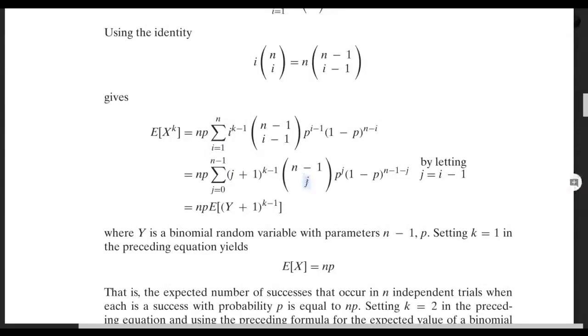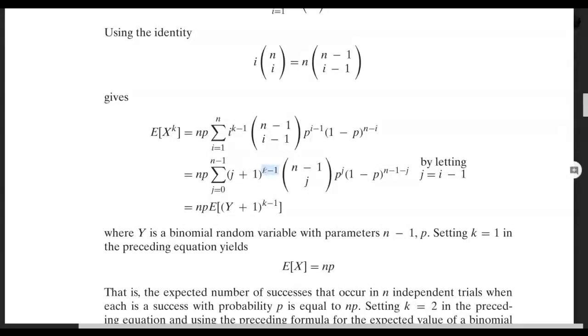So n minus 1 choose I minus 1 is now j, because I equals j plus 1. So this is just a reindex trick. N minus I becomes n minus 1 minus j.